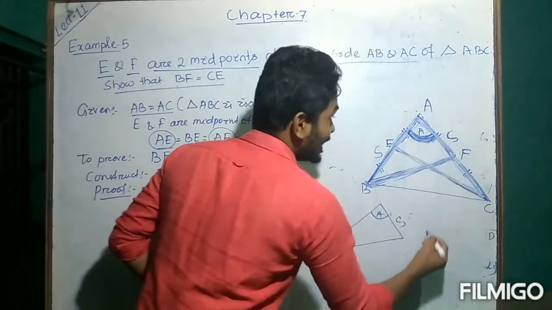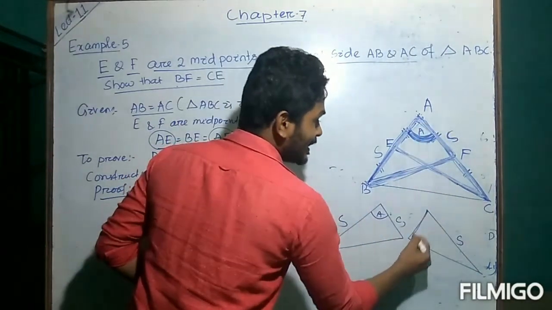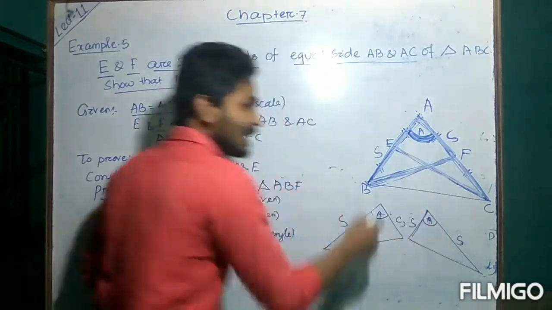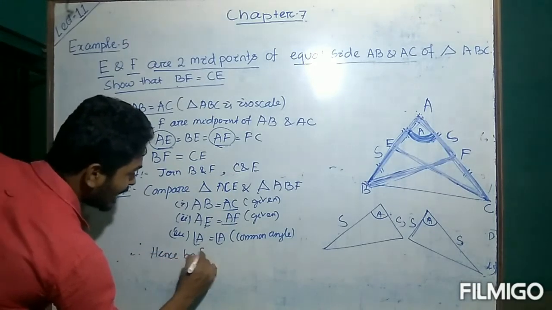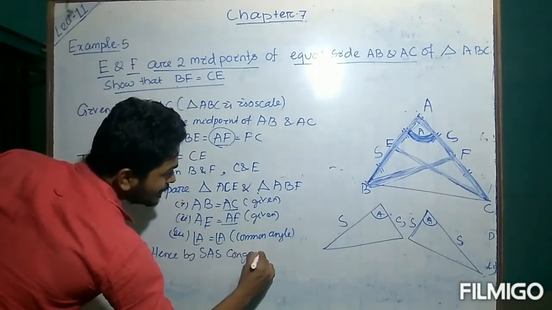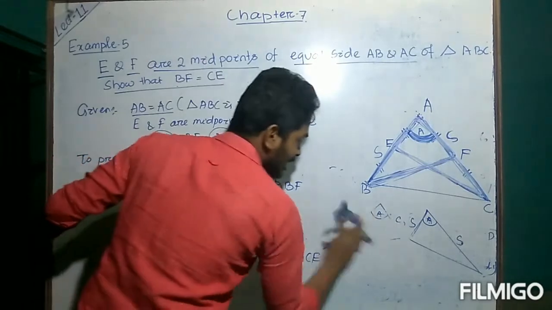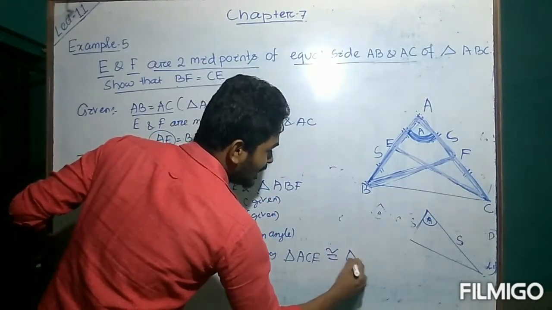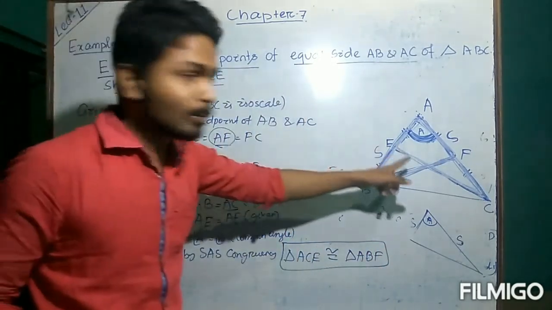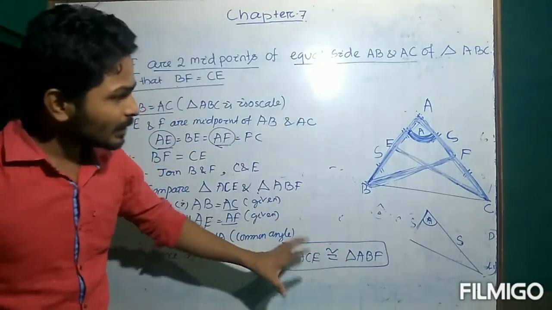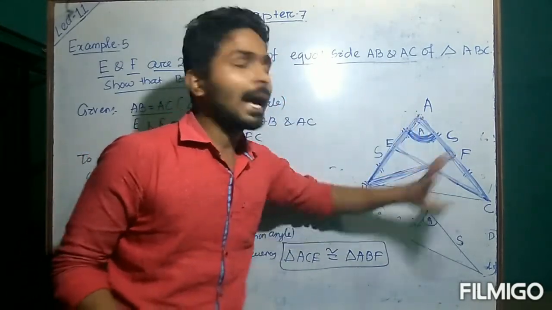Similarly, for the triangle ACE, we have taken this side AC, this side AE, and this angle. So SAS, A is the included angle. So by SAS congruency, the triangle ACE is congruent to the triangle ABF. It is very easy. If you look at it very carefully, you find that it is very easy to prove. So here we have proved that triangle ACE is congruent to the triangle ABF.